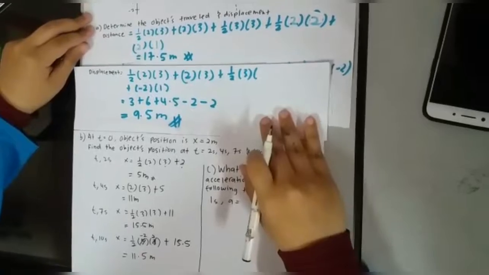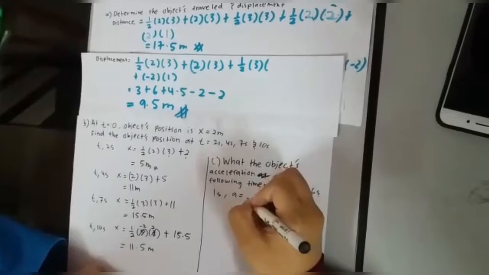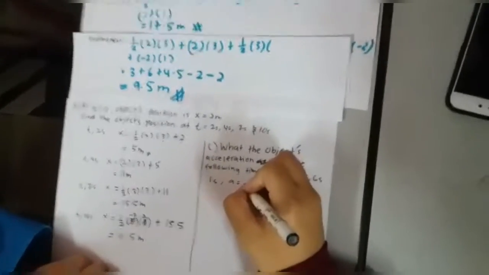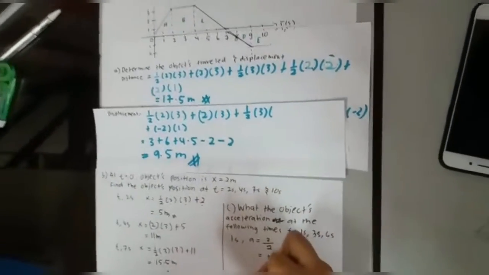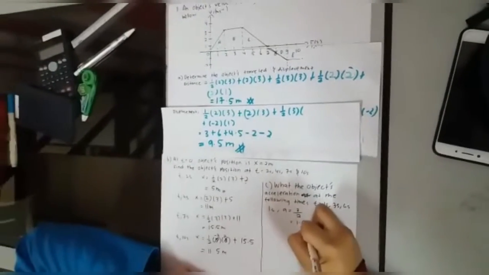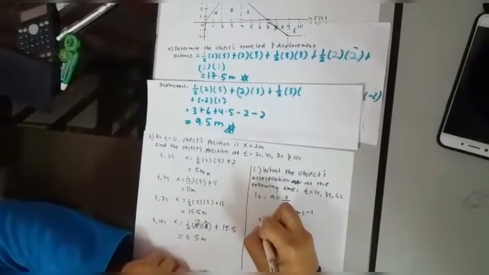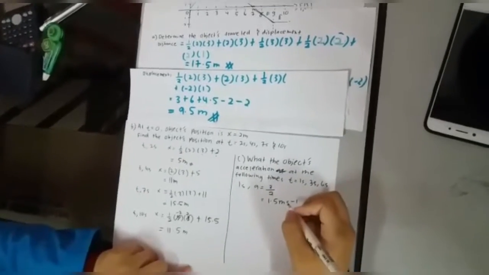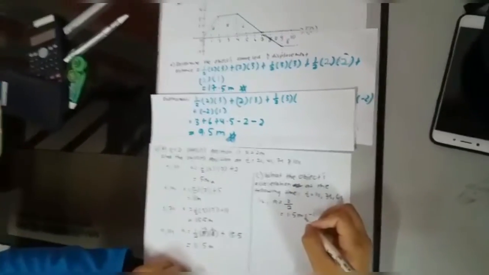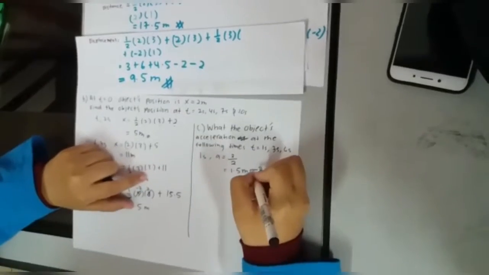To find the gradients, first for each second. For 1 second, a equals 3 over 2, and the answer we will get is 1.5 meters per second squared. Negative 2.